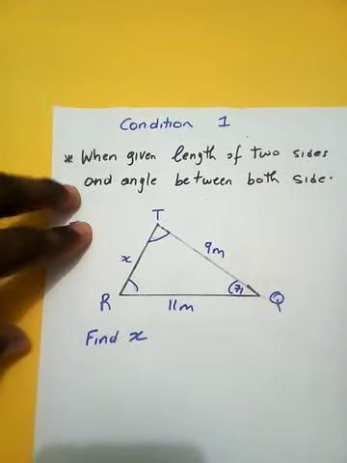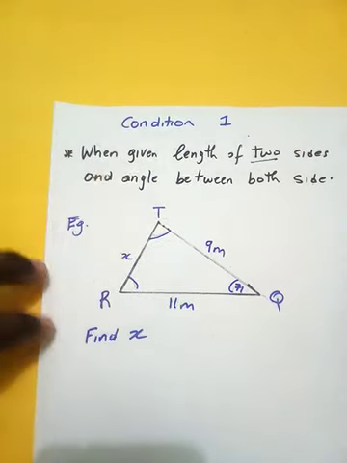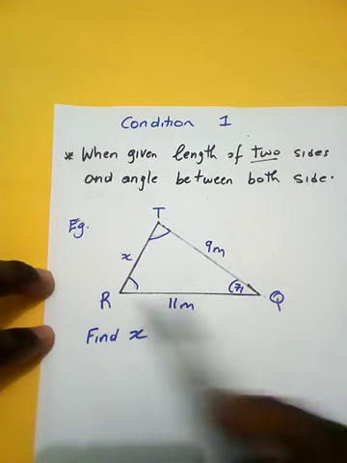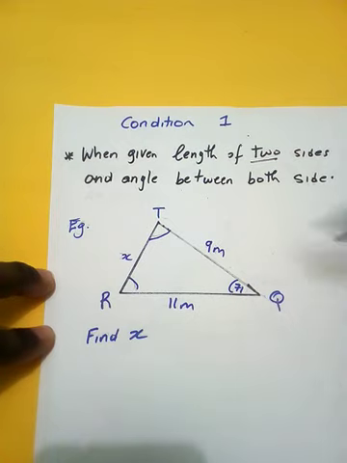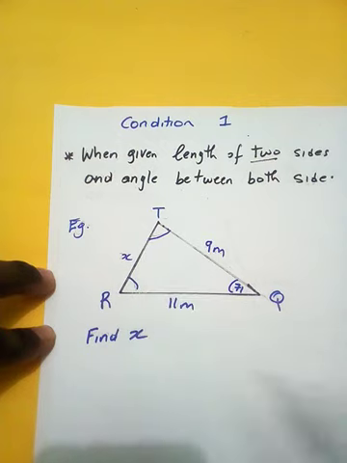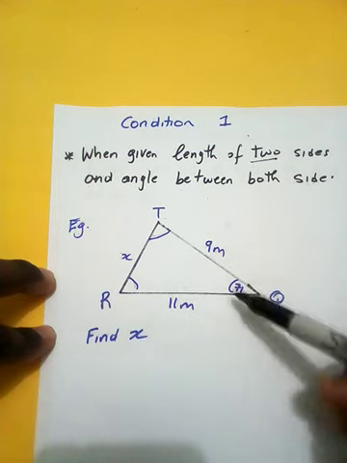When given the length of 2 sides and an angle between both sides. So when given the length of this side RQ, and when we're given the length of 2 sides, we can see that the angle is between the 2 sides.